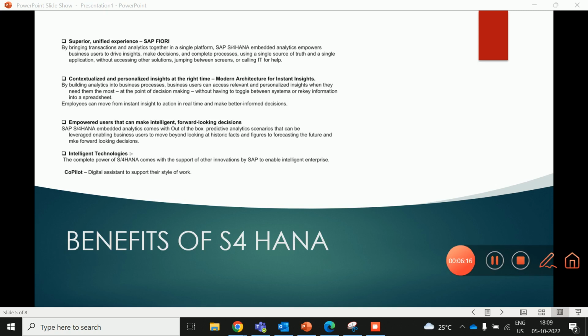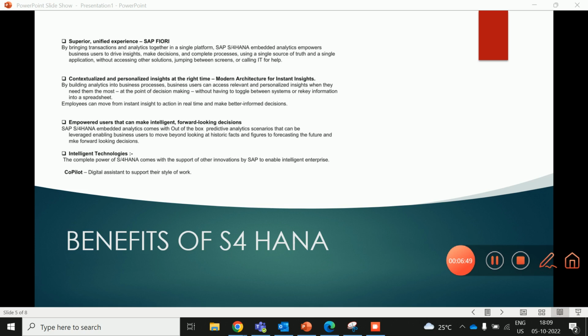Also with the help of S4 HANA, your IT landscape will be very simple. Earlier landscapes were very complicated. Multiple systems were connected to each other, and data was flowing from one system to another. A lot of complexity was involved in the earlier IT landscape. By introducing S4 HANA, we are going to reduce many internal middle systems.